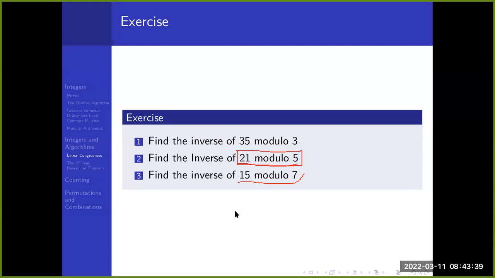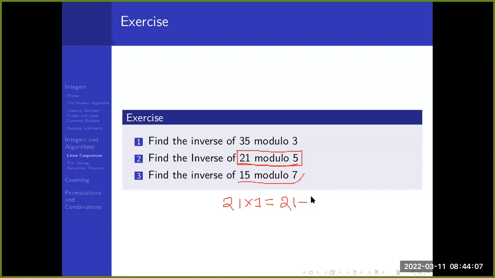So there's a fellow called Kennedy who has identified that 21 is congruent to 6 modulo 5. So let's try with 1. 21 times 1 is equal to what? 21, right?